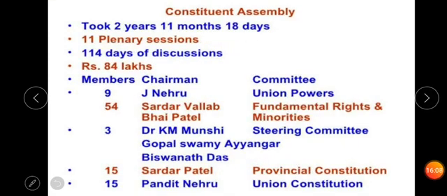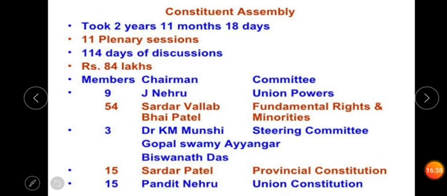These are some details: it took 2 years 11 months 18 days to complete, and there were 11 plenary sessions. These were the decision making sessions, in which all the members of the Constituent Assembly took the decision to make the constitution. The expenditure for the Constituent Assembly for the constitution was 84 lakhs.